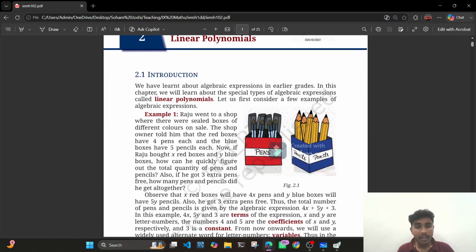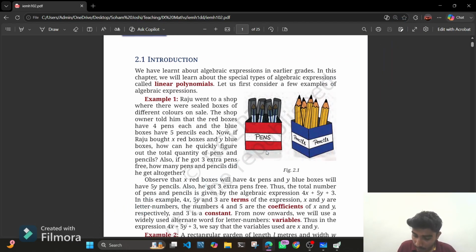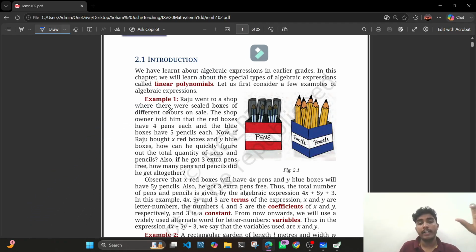For example, here we are given that Raju went to a shop where there were sealed boxes of different colors on sale. The shop owner told him that the red boxes have 4 pens each and the blue boxes have 5 pencils each. Now, if Raju bought X red boxes and Y blue boxes, how can we quickly figure out the total quantity of pens and pencils?